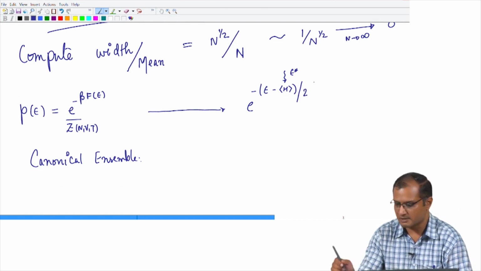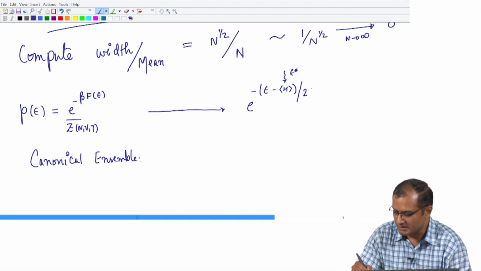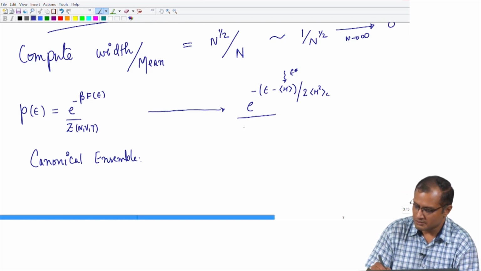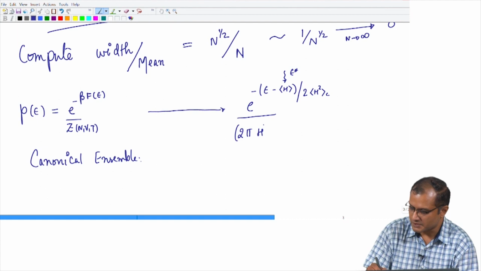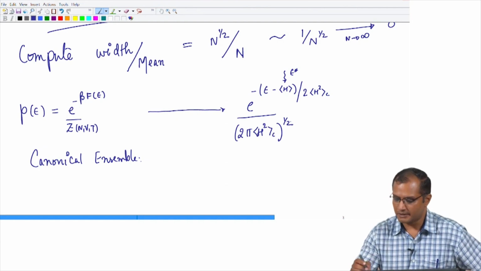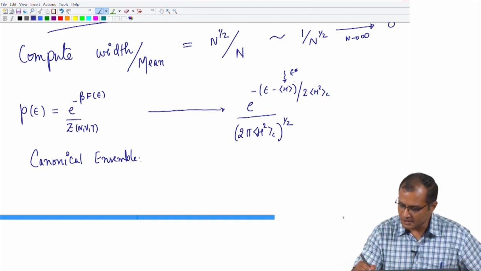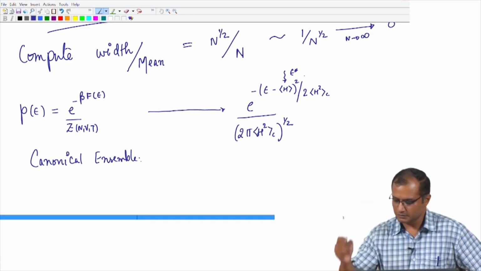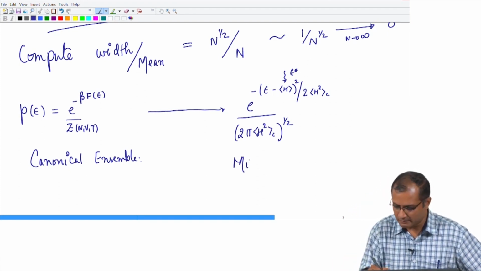Now, sigma squared is basically our second cumulant, and I need to normalize this distribution. So, this is the square root of 2 pi sigma squared, and this is a Gaussian distribution, okay. So, this is the canonical ensemble.